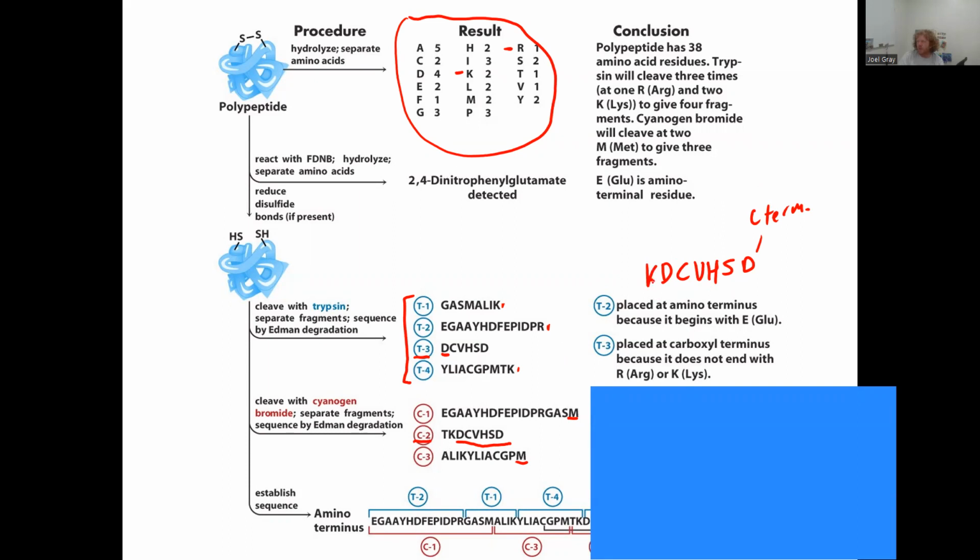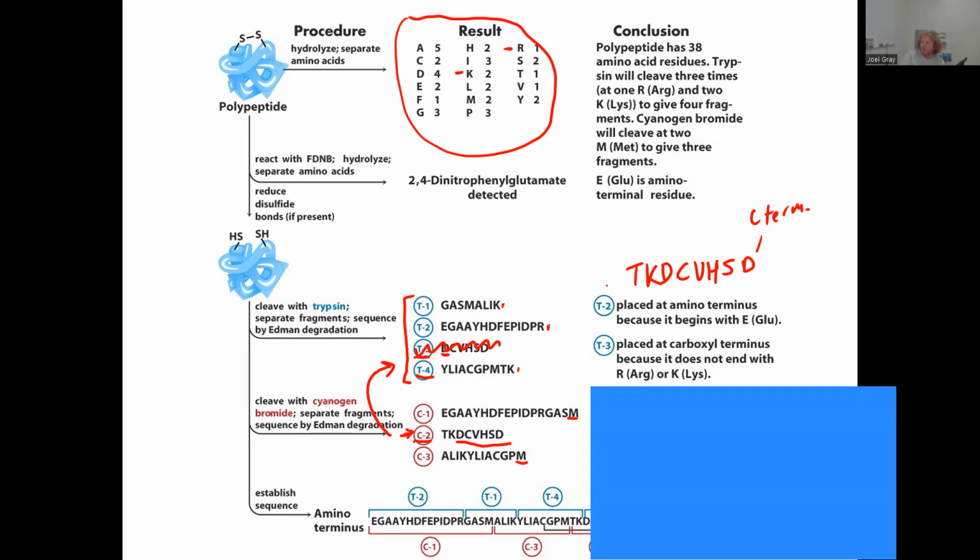Well, from this peptide C2, we learned that TK precedes DCVHSD. So now we're going to bounce back and forth. And when we bounce back up here, we can say, are there any peptides of these three that end with TK? Yes, there is. T4.